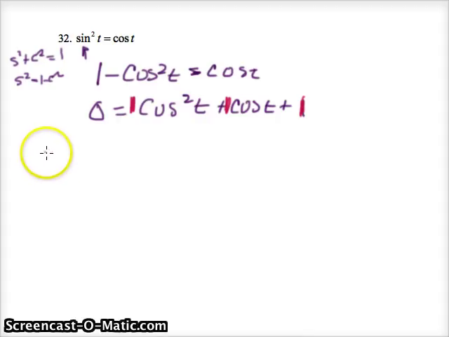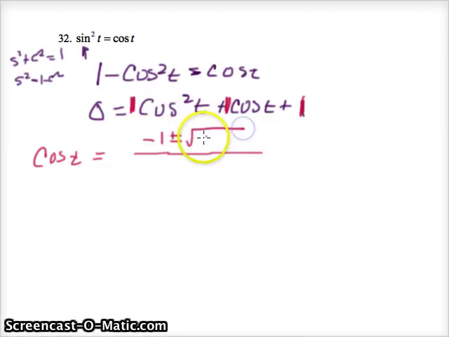Well, yes, we can. So our values are going to be, for cosine of t, equal to negative b plus or minus the square root of b squared minus 4a times c. A times c, that's just going to be 1, all over 2a, which is 2.